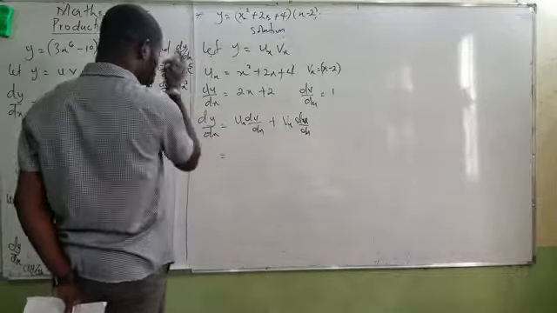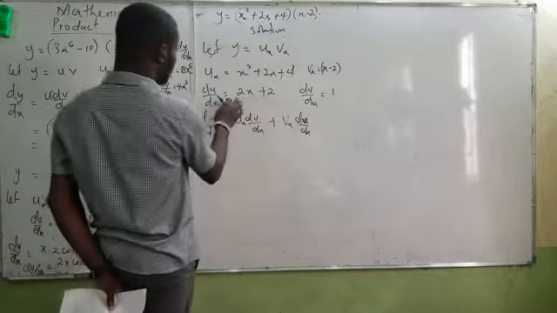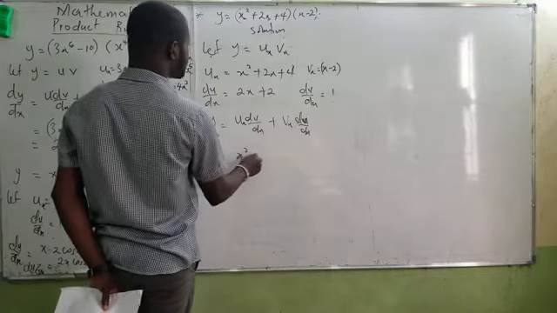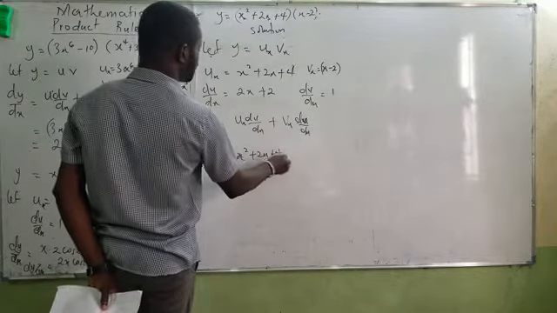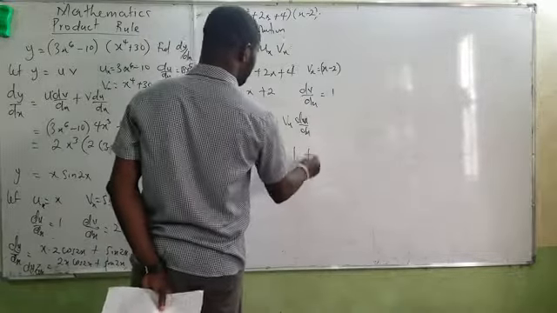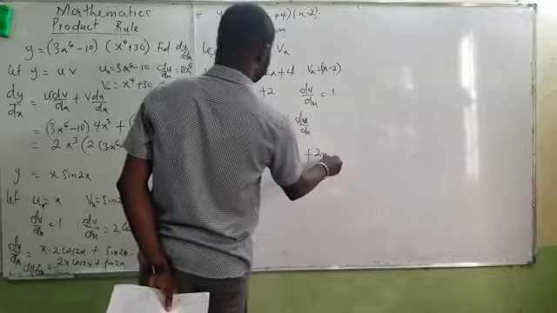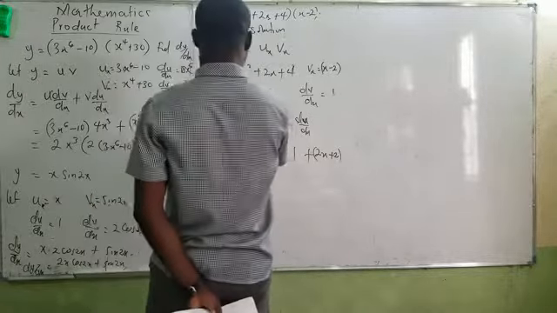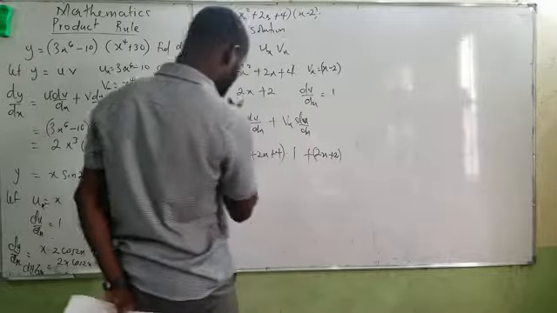Which I'll be having, what is my u? Of the function of x, I have x squared plus 2x plus 4. And the v of x is 1. And plus, I have 2x plus 2. Sorry, hope I'm not making a mistake.